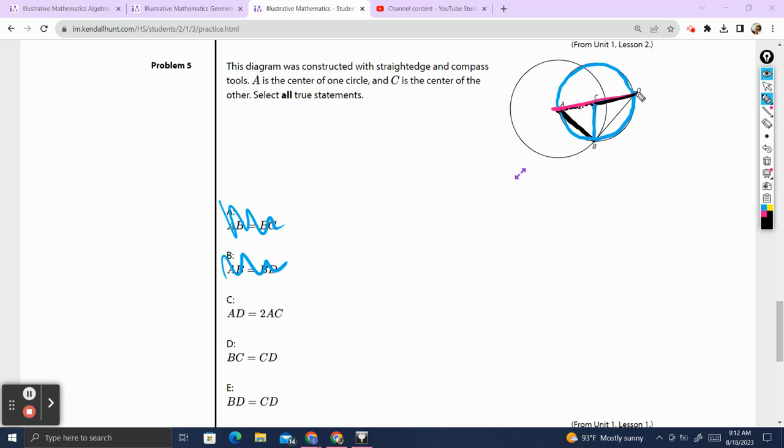So from here to here does look like it's double the length from here to here. So yep. Is BC equal to CD? Oh, they're both radii, yep. Is BD equal to CD? This one's not a radius, so we can't make any conclusions about it right now. Cross it out. All right.